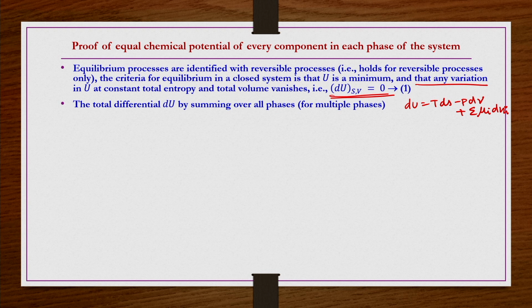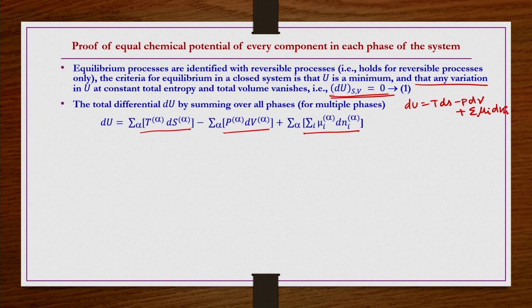Let us say there are n number of phases, multiple phases. Then if you write this total derivative for the internal energy of the system, you write dU equals sigma T^alpha dS^alpha minus sigma P^alpha dV^alpha plus sigma of sigma mu_i^alpha dn_i^alpha.